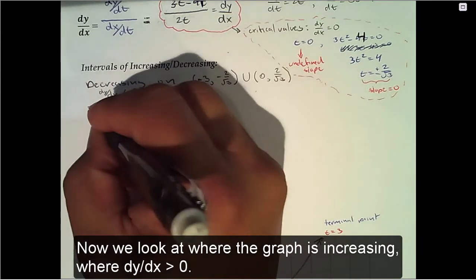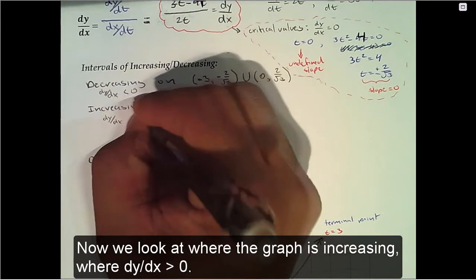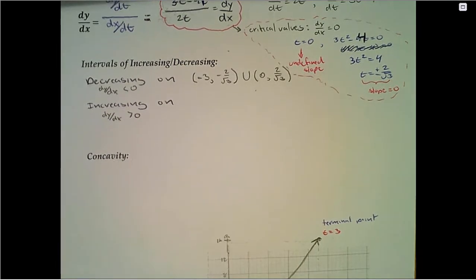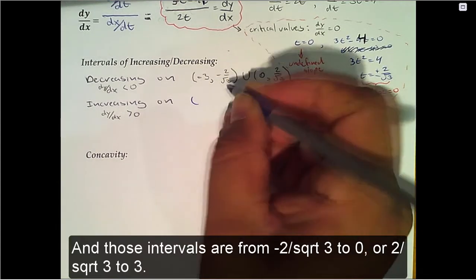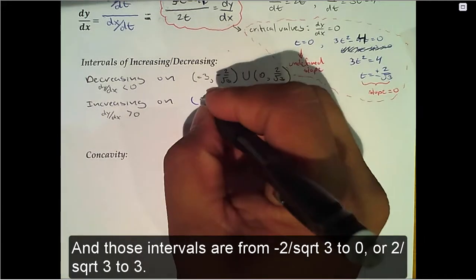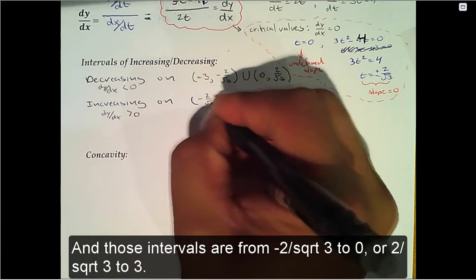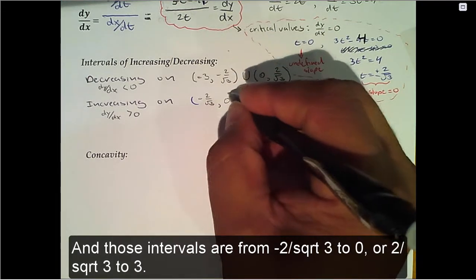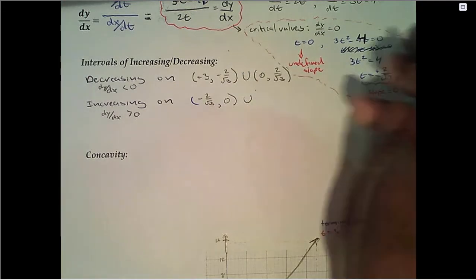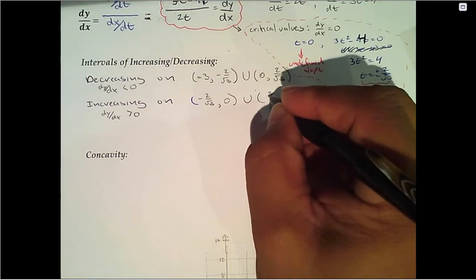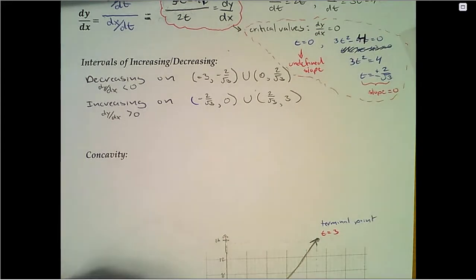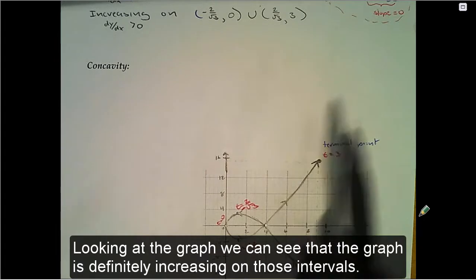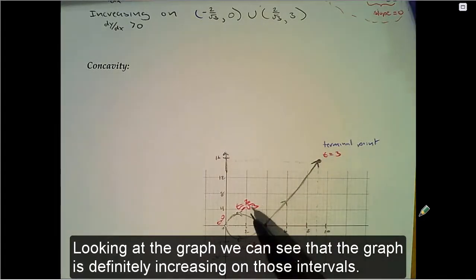Now we look at where the graph is increasing, where dy/dx is greater than 0. And those intervals are from -2 over square root of 3 to 0, or 2 over square root of 3 to 3. Looking at the graph, we can see that the graph is definitely increasing on those intervals.